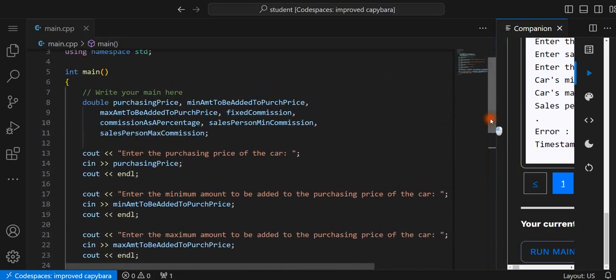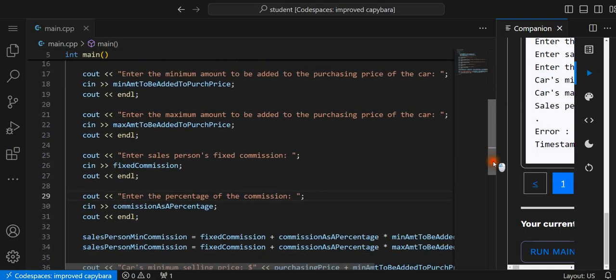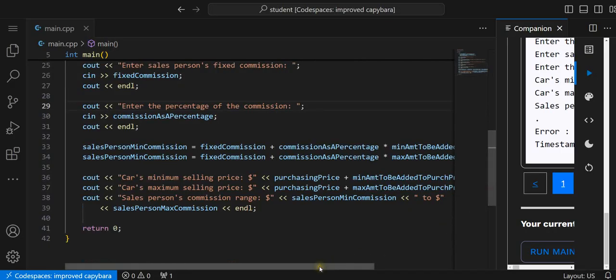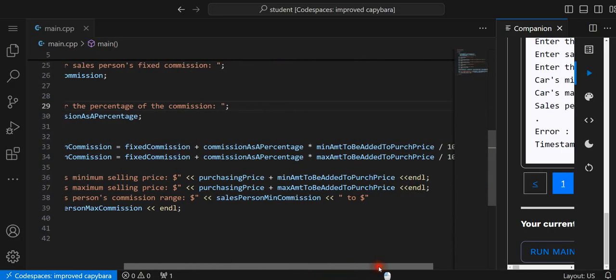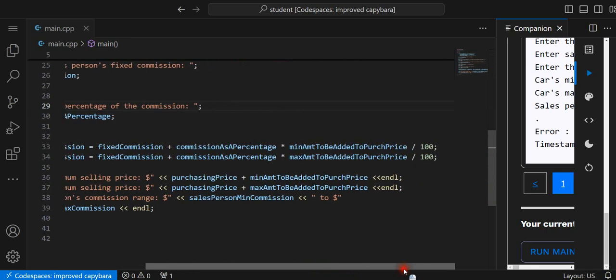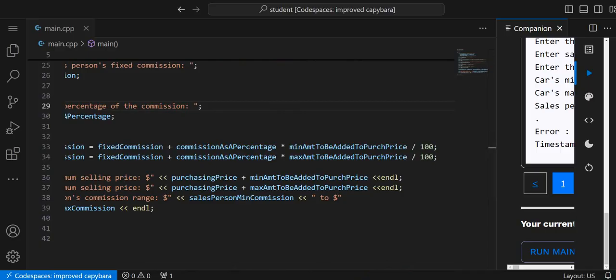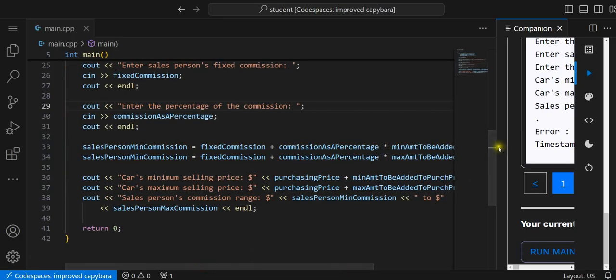Yeah, I did some of the math wrong. So equals plus divided by 100, divided by 100, and just plus. Yeah, everything looks great.